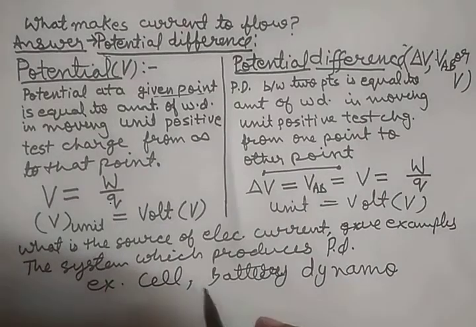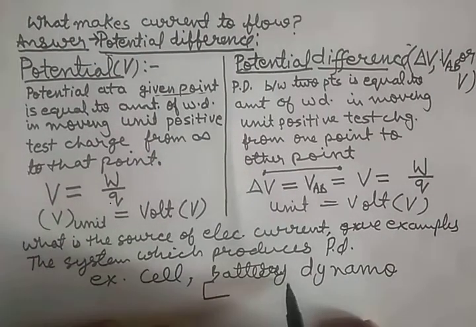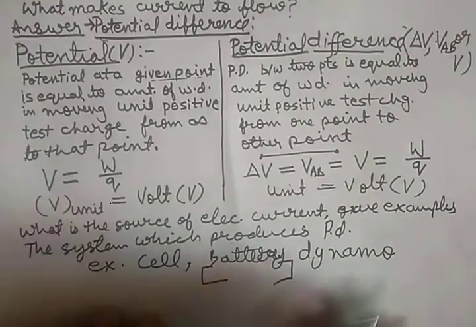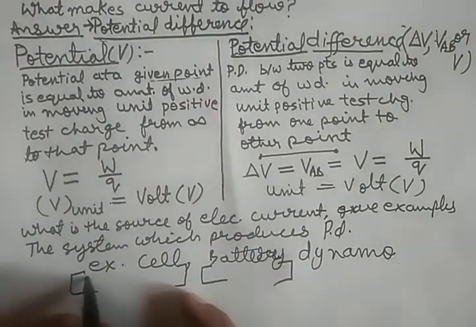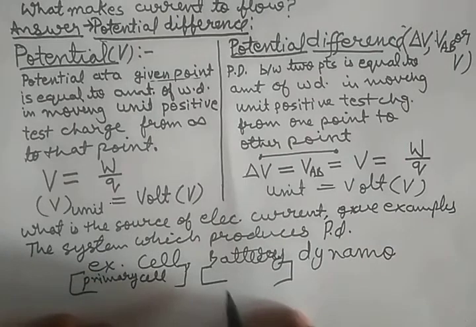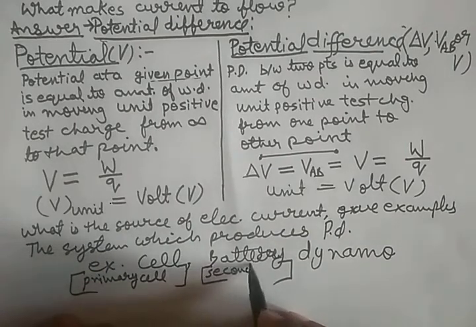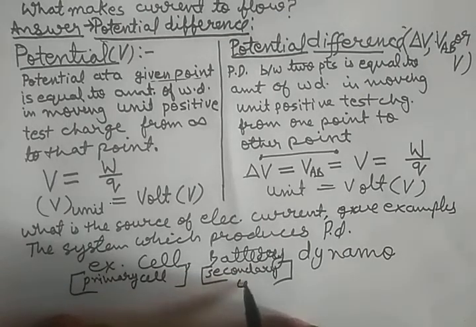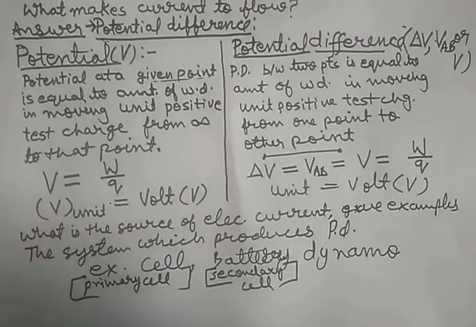But generally we don't use the term battery. Instead, for cell, we use the term primary cell, which is ordinary cells, and for battery we use the term secondary cell, that is battery. And what is dynamo? Dynamo is slightly different.